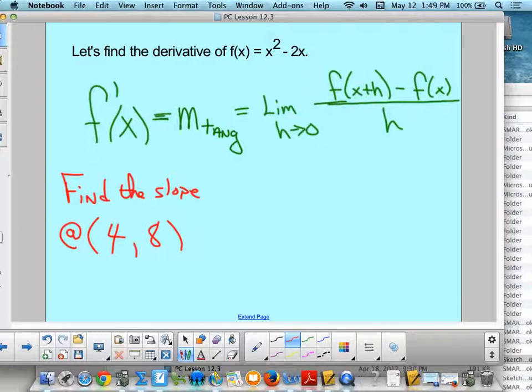Still working on it? Yes, go. You good? The right answer. Yeah, I got it too. Yes, and the last question right there, find the slope at 40, that's easy, I mean, it should be.